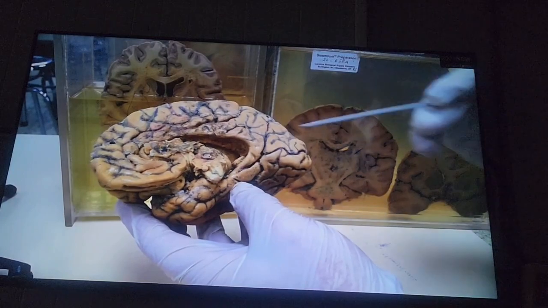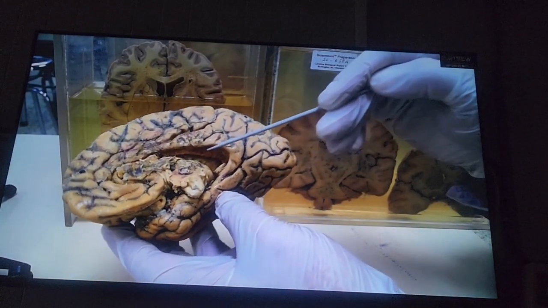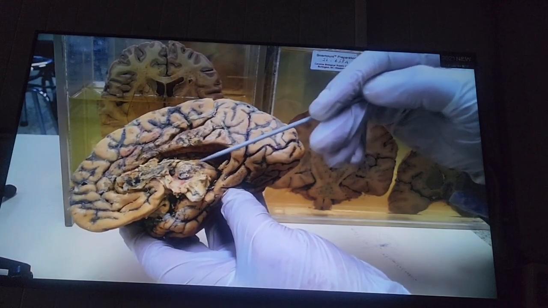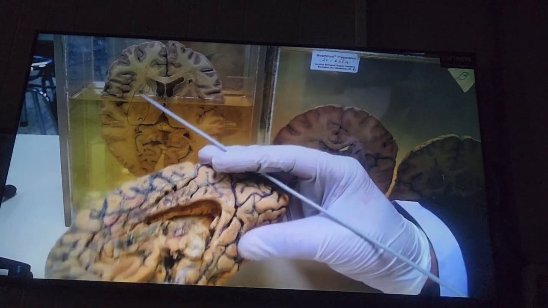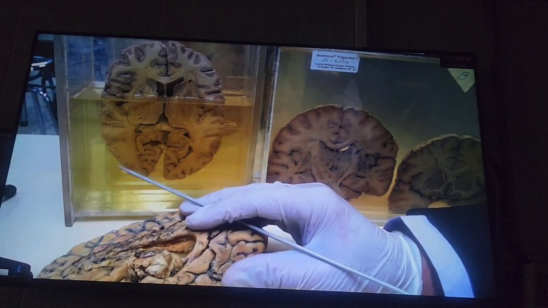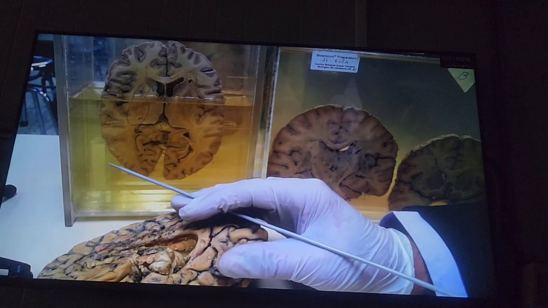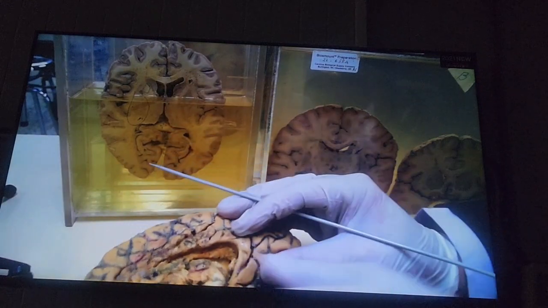These parts are floored by the caudate nucleus and the thalamus. This is the thalamus here. Also, these parts are roofed by the corpus callosum and the cortex.